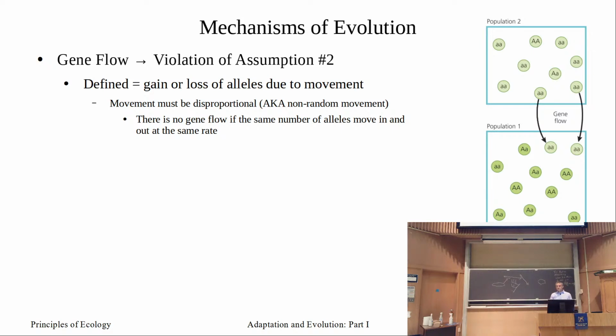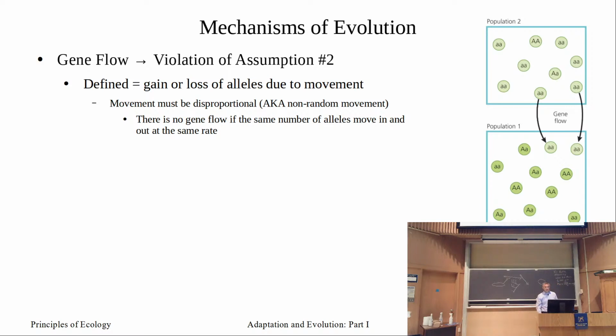Now, gene flow isn't just the migration of individuals into or out of our population. In order for gene flow to occur, that movement must be disproportional. It must be non-random, which means we have to have a net exit or a net entrance of our alleles. And it's a specific allele.